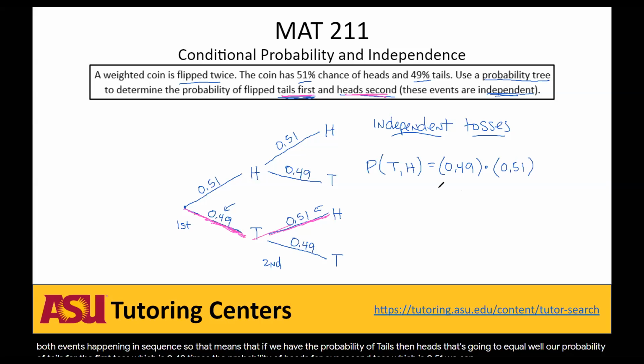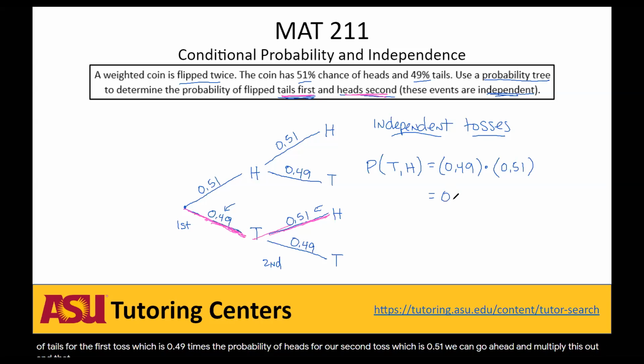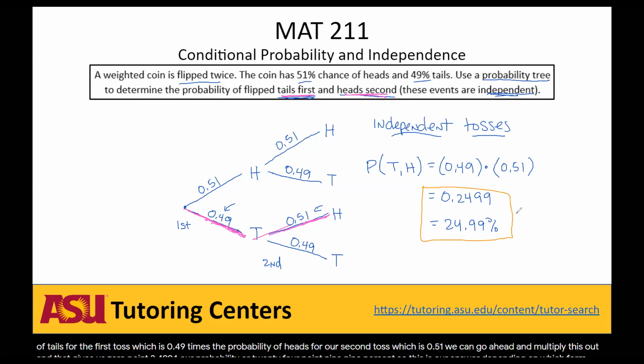We can go ahead and multiply this out, and that gives us 0.2499 for our probability, or 24.99%. So this is our answer, depending on which format you want it in.